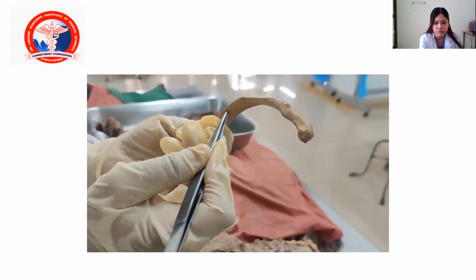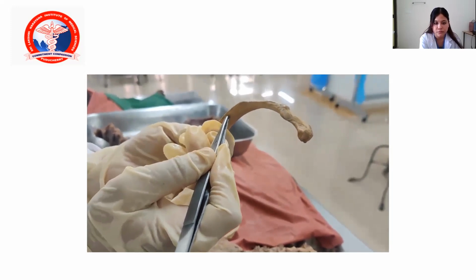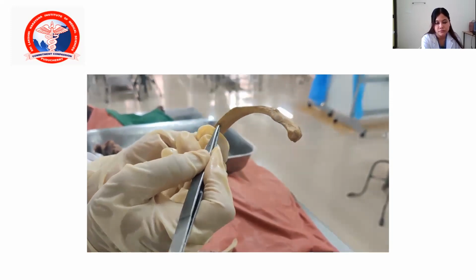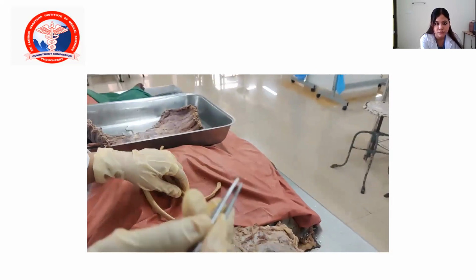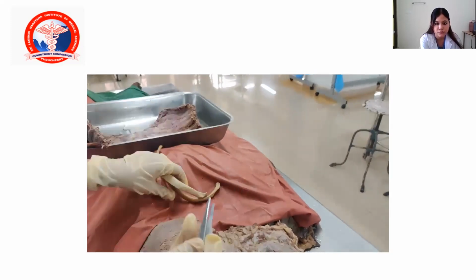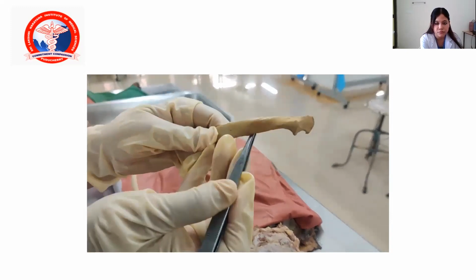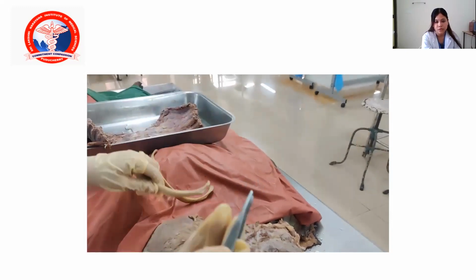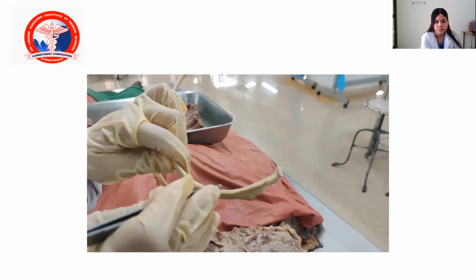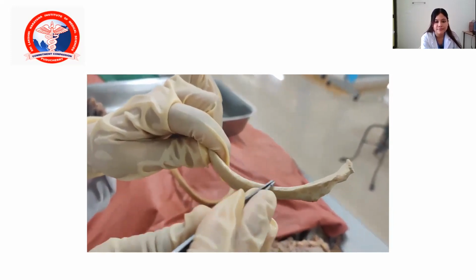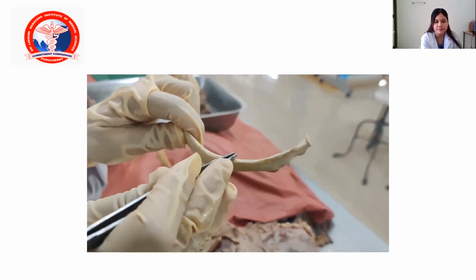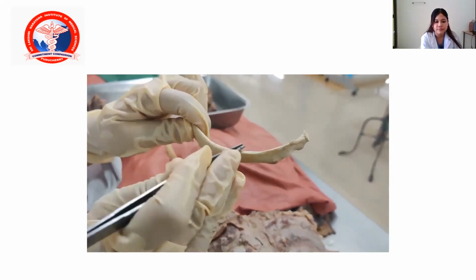You have already attended the osteology class of the ribs. So it takes origin from the floor of the costal groove of the upper rib, and it inserts on the inner surface of the lower rib, that is the upper margin of the lower rib.